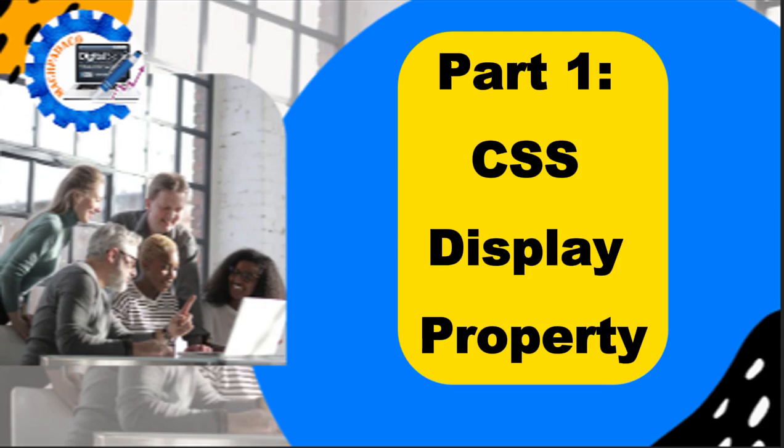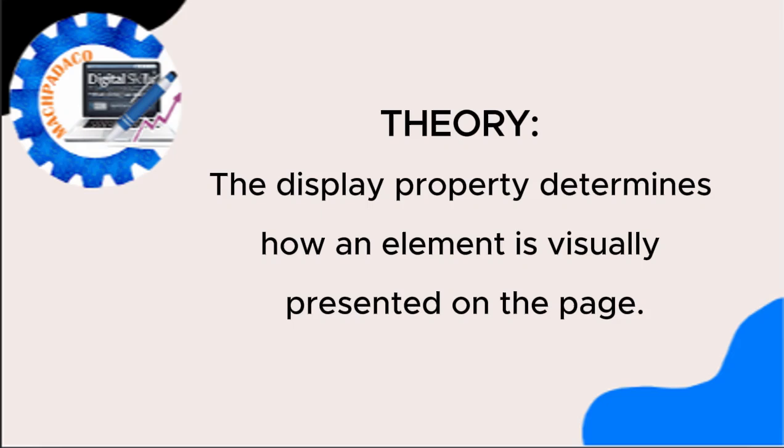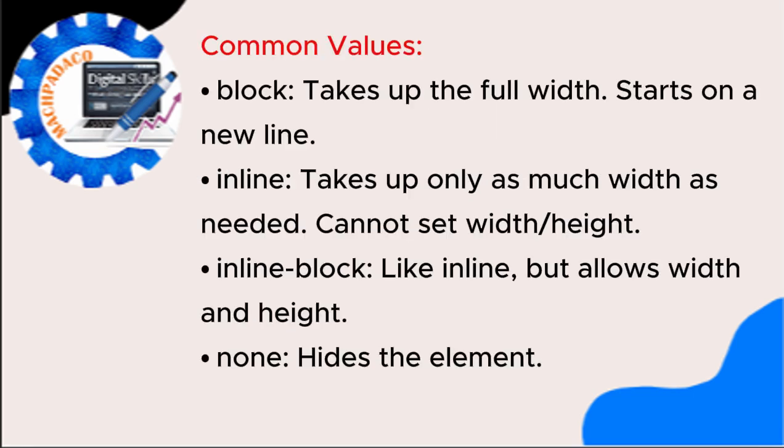Part 1. CSS display property. The display property determines how an element is usually presented on the page. Common values. Block. Takes the full width and starts on a new line. Inline.